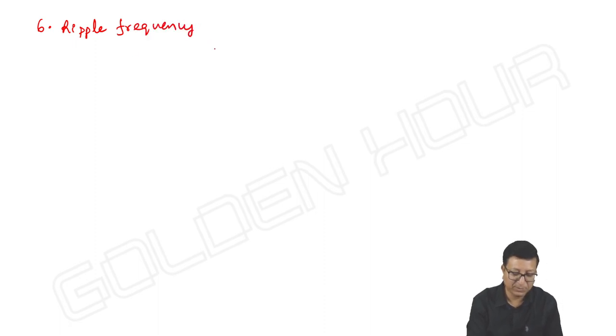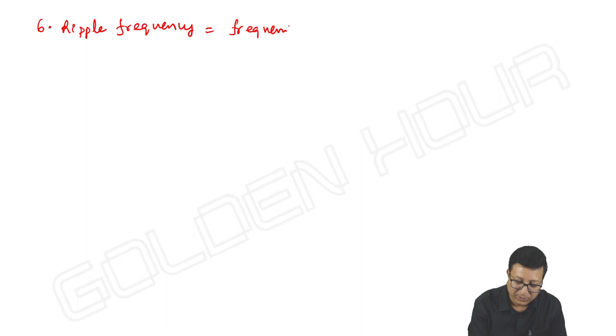And finally, the last parameter, it is the ripple frequency. It is the frequency of unwanted ripple. It is nothing but the frequency of output.